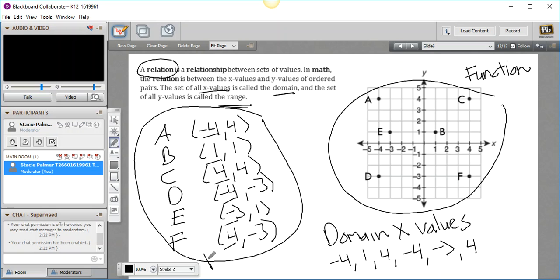The range is all of our y values. Okay, so remember, these are our x values, these are our y values. So if we're going to list the range here, it would be 4, 1, 4, -3, 1, -3. That would be our range. Okay, so this would be our domain right here, and then this would be our range right here.